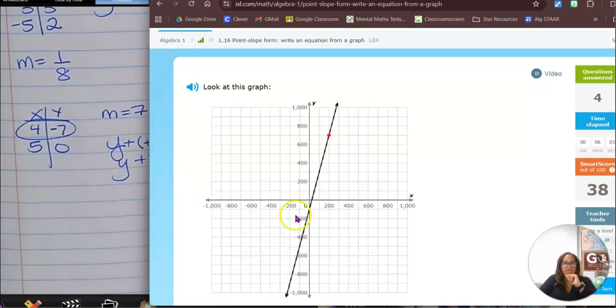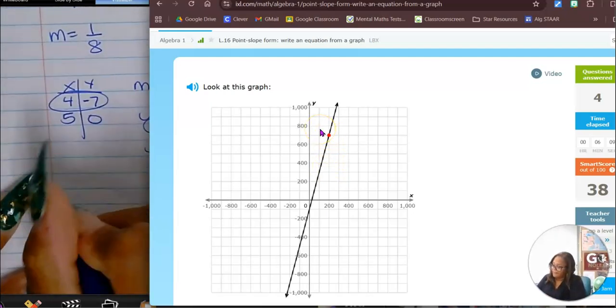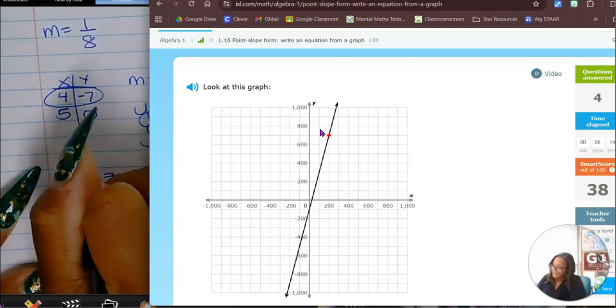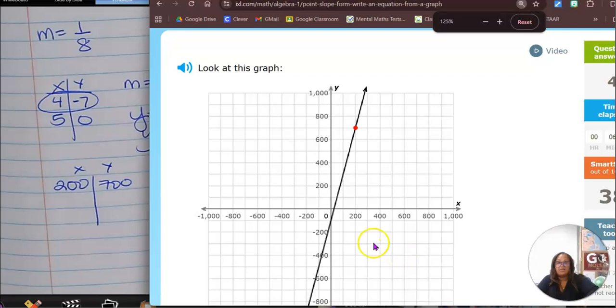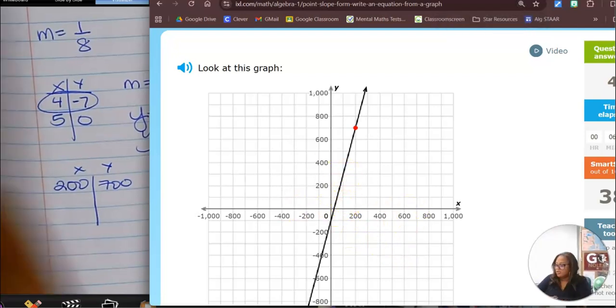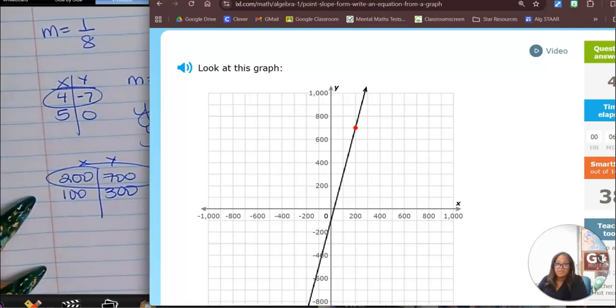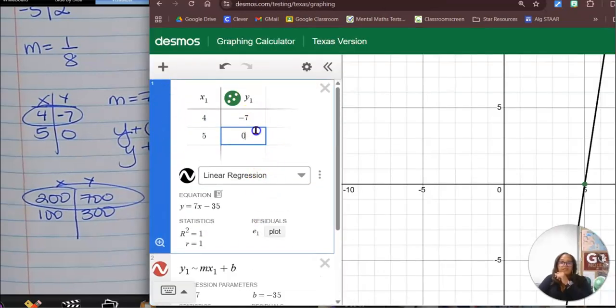Oh, wow, this one's a pretty big point. Okay, 200 and 700. And then another point is, hold on, let me zoom in because y'all know Miss Darling can't see. 100, 300. And I have to use this point here. So let's go to Desmos to create the slope.